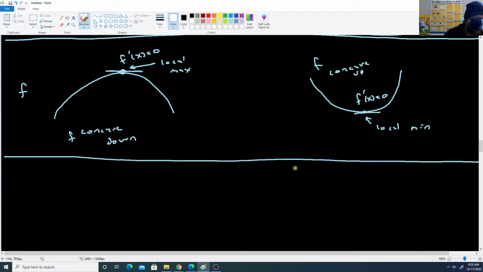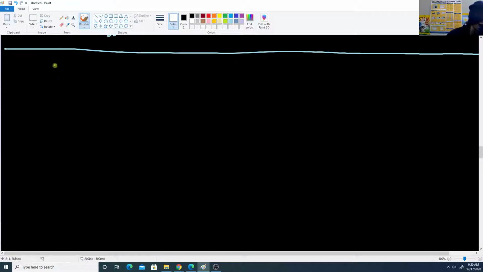So what we're going to do is write out a theorem that uses the second derivative to tell if you have local maxes or mins, and then we'll go through an example, and then we'll stop there and do the last example in its own part. So for this one, this is the second derivative test.